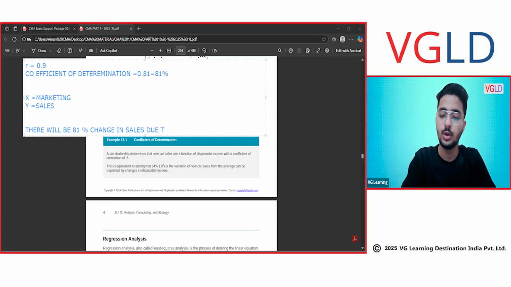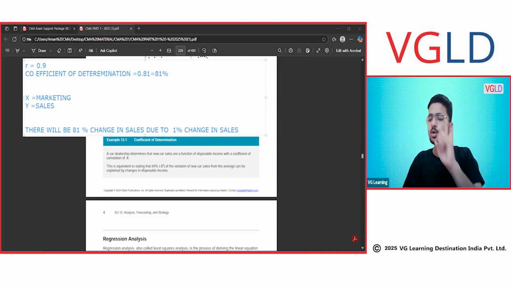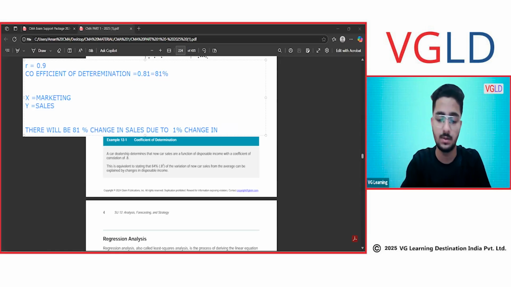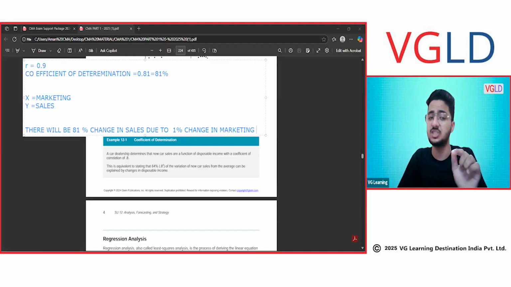Due to just a 1% change in the marketing, an independent variable, there will be 81% change in the sales. So that's what your coefficient of determination talks about, how good your relationship is.